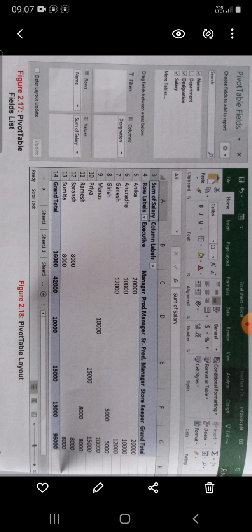Means the salary of all the employees according to their department and designation are separated along with their total salaries.